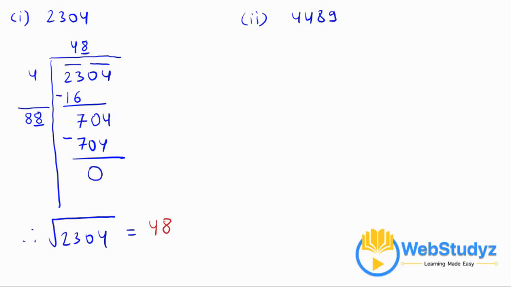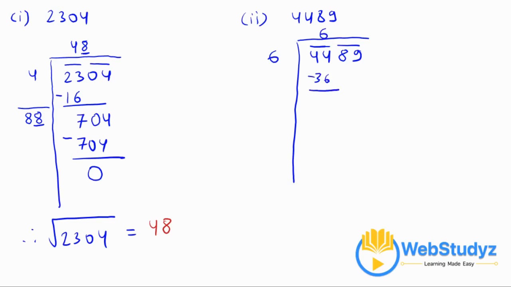4489. Now again, here we have 4 digits, so we can categorize it by two digit numbers. As we can see, 44 is having 36 as a perfect square, so we will take 6. 6 times 6 we will get 36.